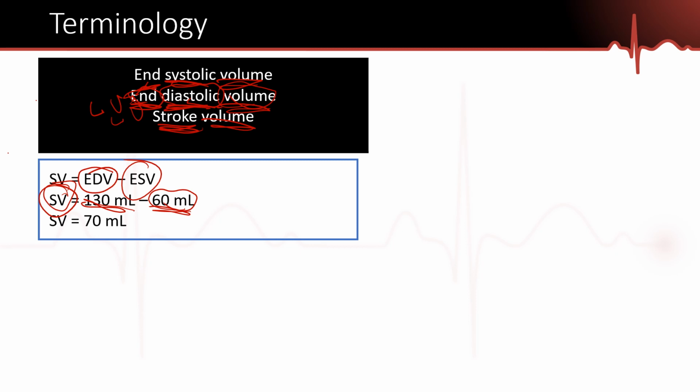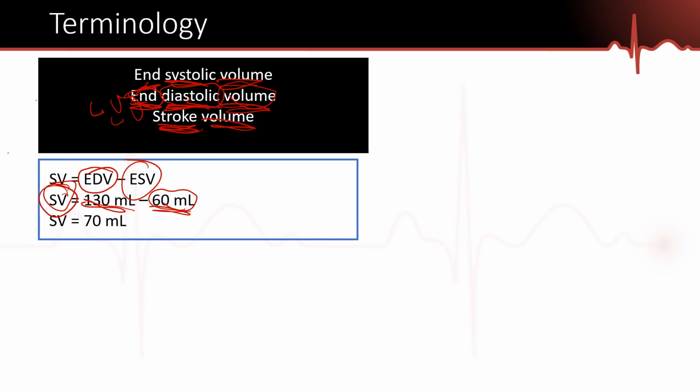If you take end diastolic volume, which is 130 milliliters of blood in the left ventricle at the end of relaxation, at the end of filling, and you subtract how much blood is left in the left ventricle at the end of contraction, end systolic volume, 60 milliliters, then you figure out stroke volume.